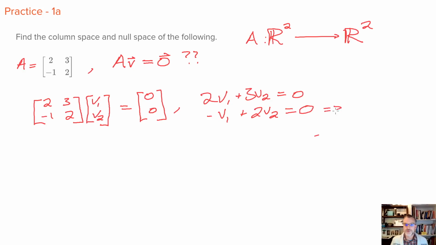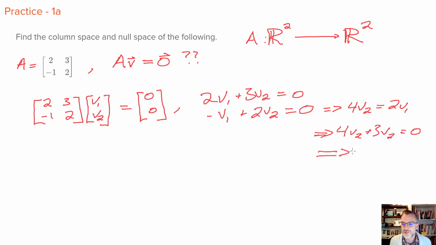So you can see I can rearrange this. I've got 2V2 equal to V1. Let's rearrange it like this: 4V2 equals 2V1. I wrote it like that so I can substitute that 2V1 into the first equation. If I do that, then I have 4V2 plus 3V2 equals 0.